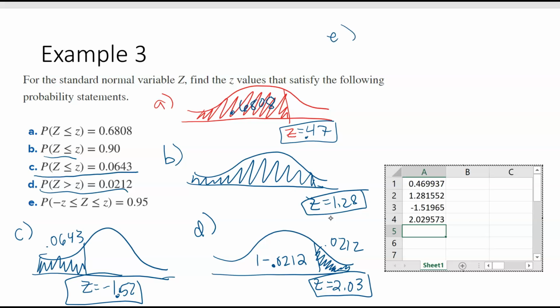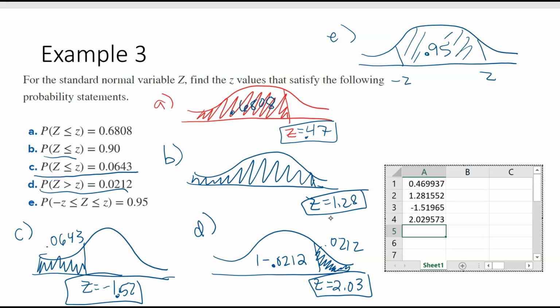And for E, we have two values, a negative z and a positive z. They don't give us either, but we know they're the same values. You may already know this if you think about it because it's 0.95, which we already know what gives us 95%, but we'll pretend like we don't. We have to remember that when we type it into Excel, it gives us the area to the left.